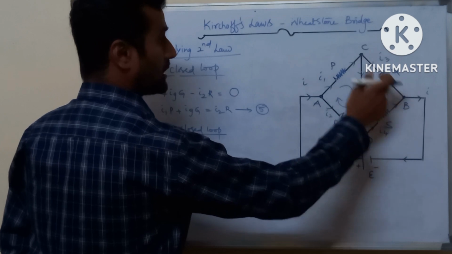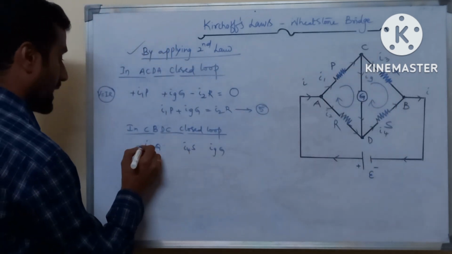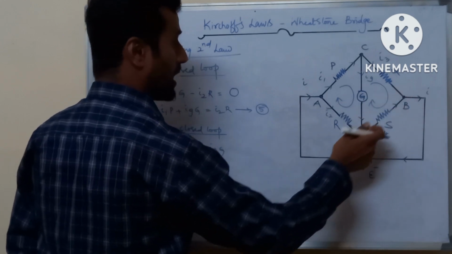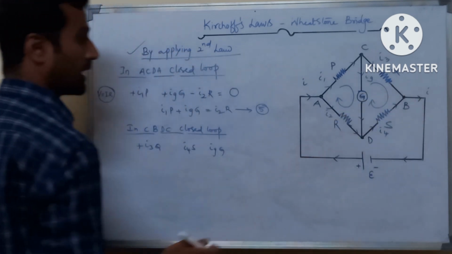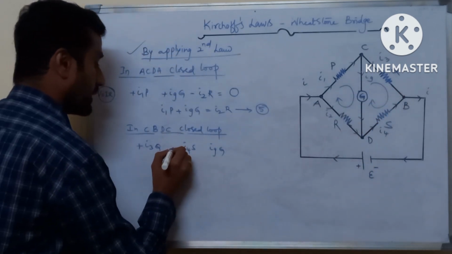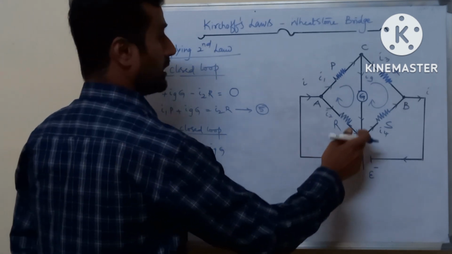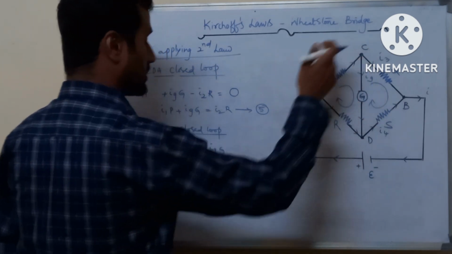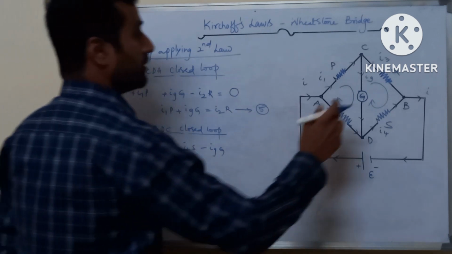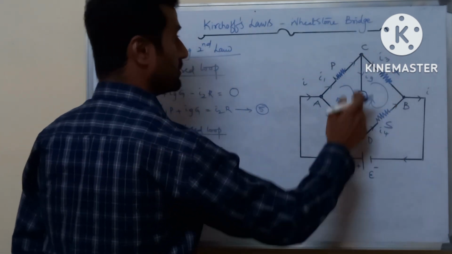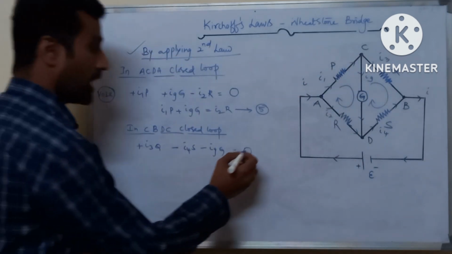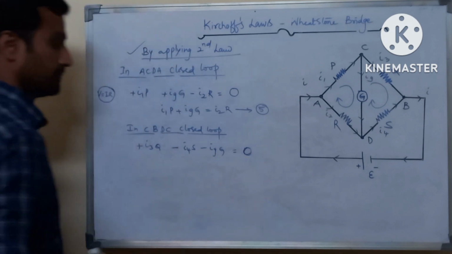Along the path, the potential drop is taken as positive, and along this path, the current is flowing against the path we have taken, so it is negative. And in the branch DC also, the current is flowing in the opposite direction to the direction we have taken to calculate the potential drop. So it is negative. So the algebraic sum must be equal to 0.